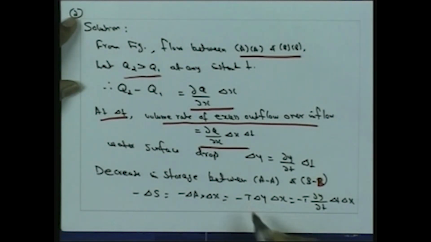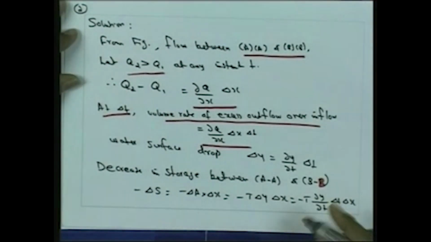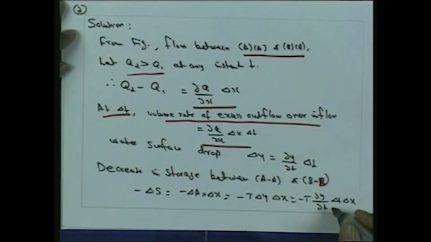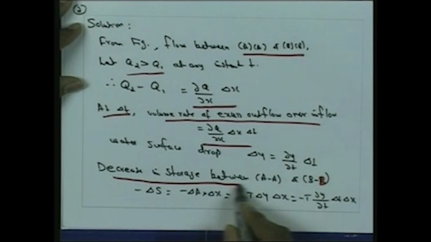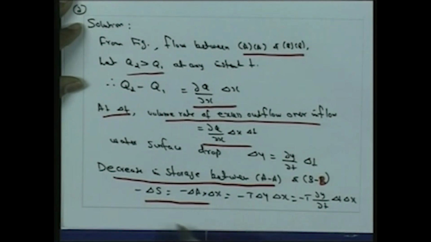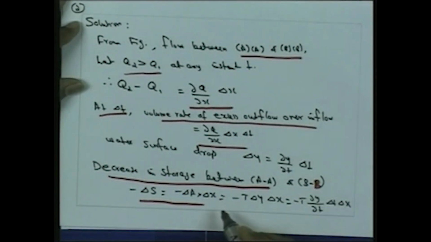So this is equal to minus t into delta y into delta x, as obvious from this figure here. So this is equal to minus t del y by del t into delta t into delta x.